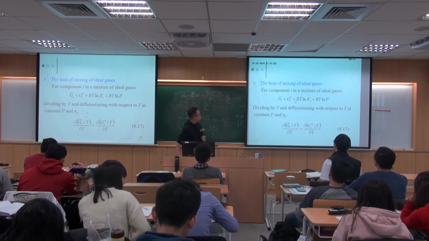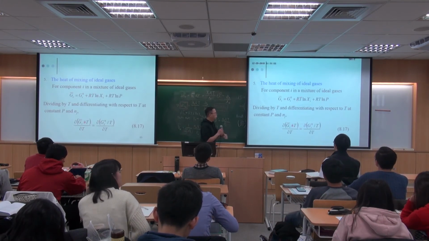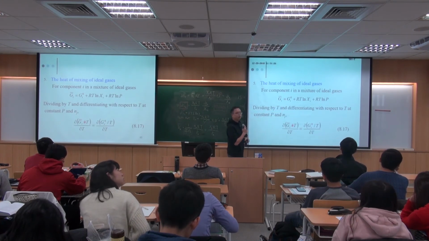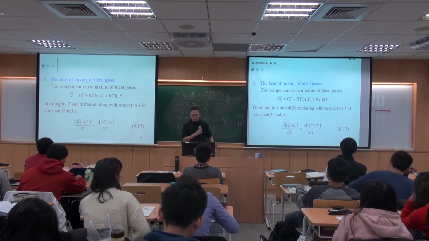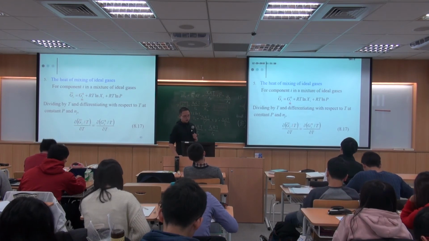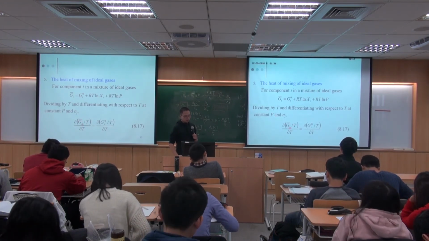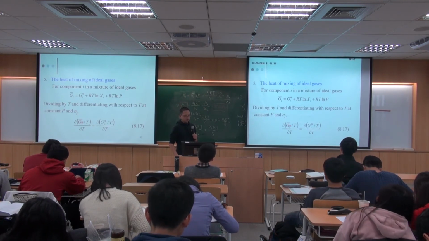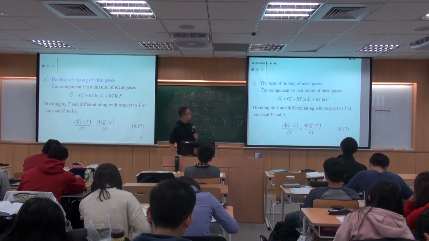Once you eliminate one temperature, you have Gi bar over T, so you've already eliminated that factor of temperature, and therefore this term is temperature independent. If you take the partial against that, you're only left with Gi bar. And for the right-hand side, this is only Gi0.